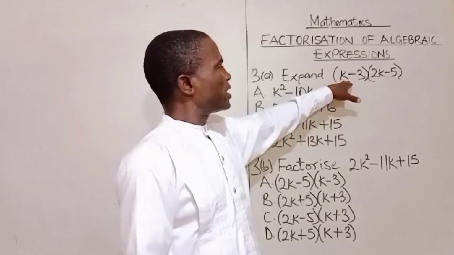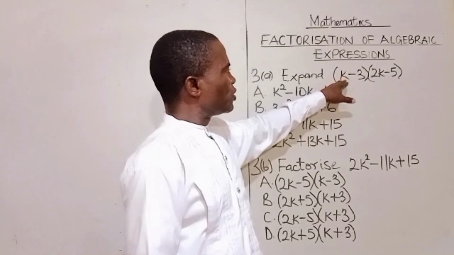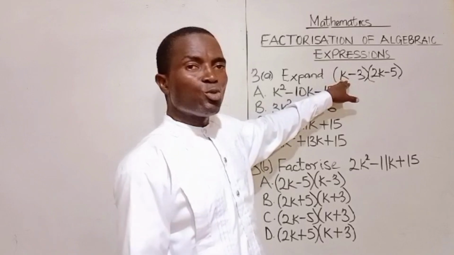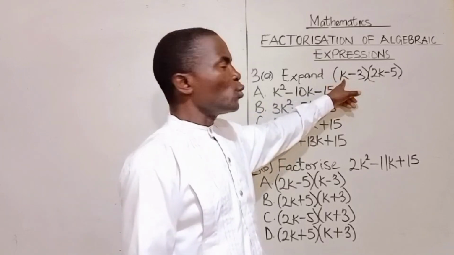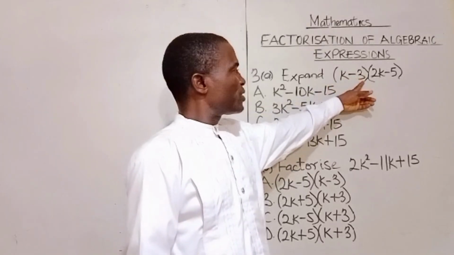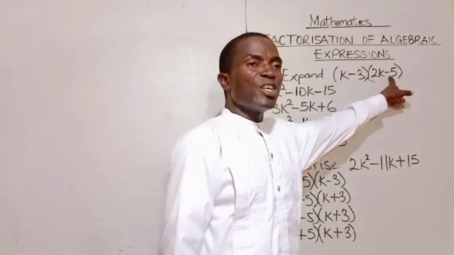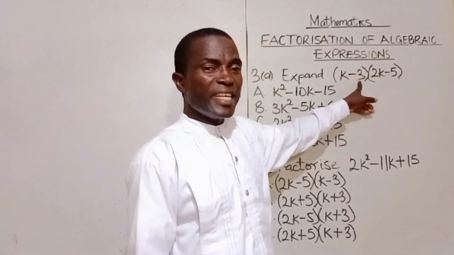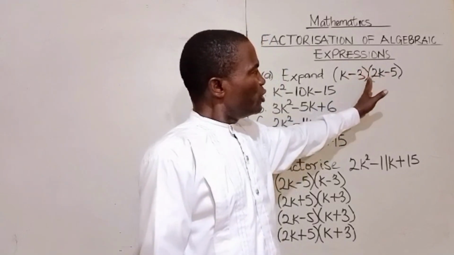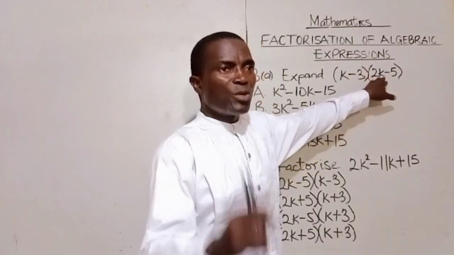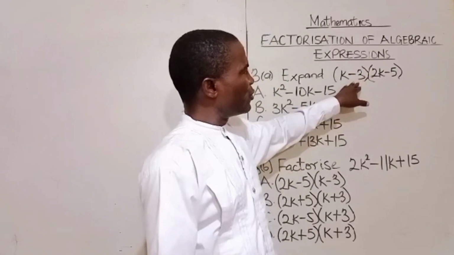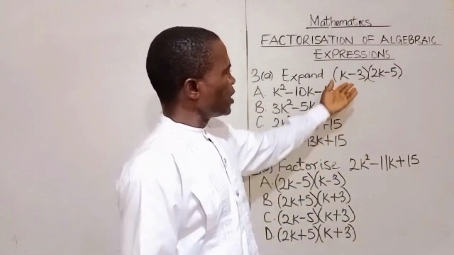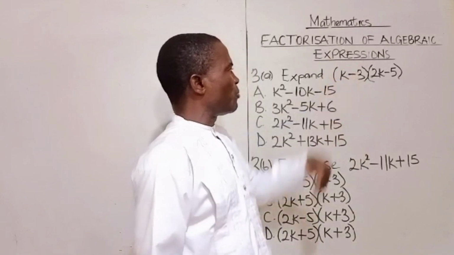If you can remember, this is the geometrical function of algebraic expression, a situation where you have up to 2 different terms interacting with a single expression, or 2 different keys being used to open just a single door. That is an example of geometrical function of algebraic expression. Now let us see how we can solve this problem.